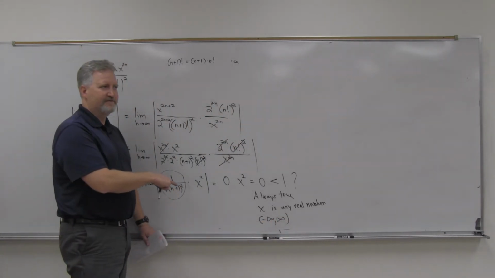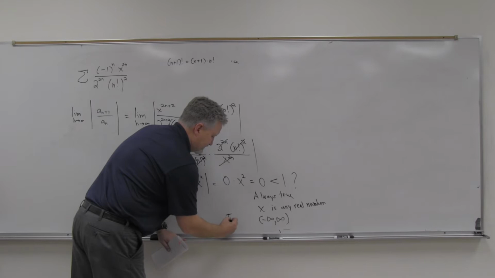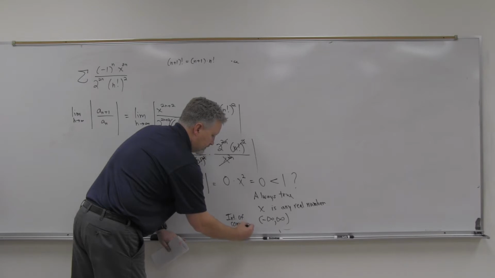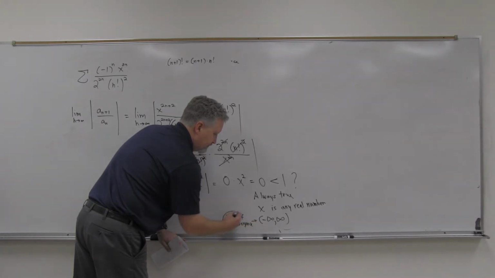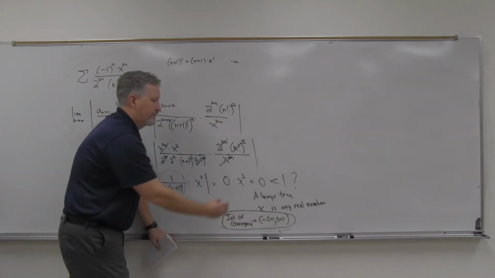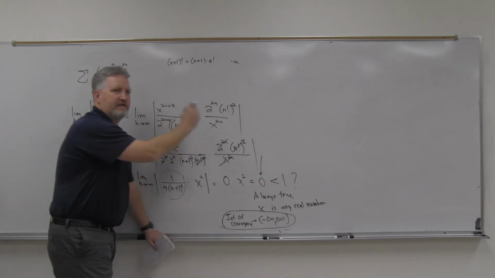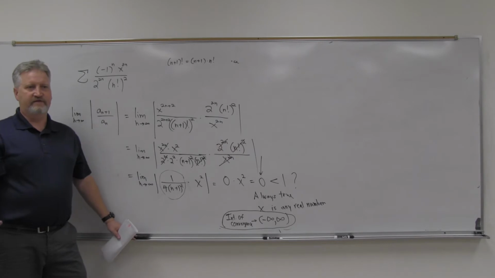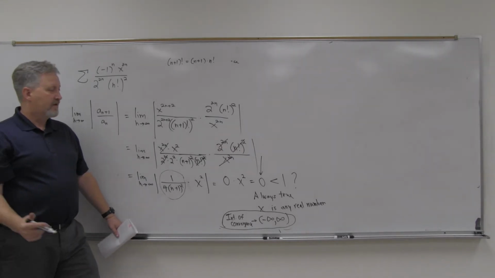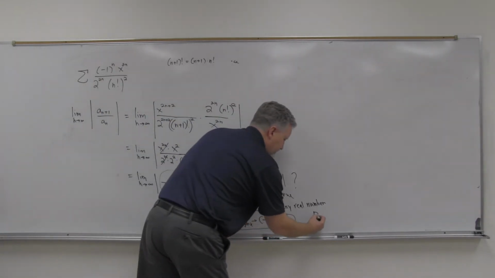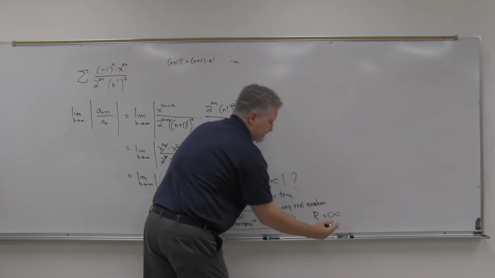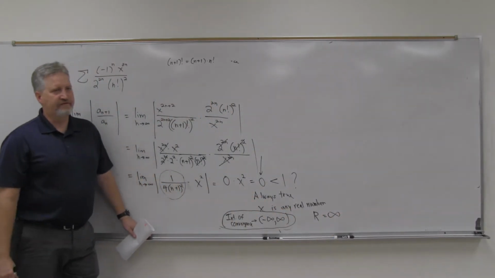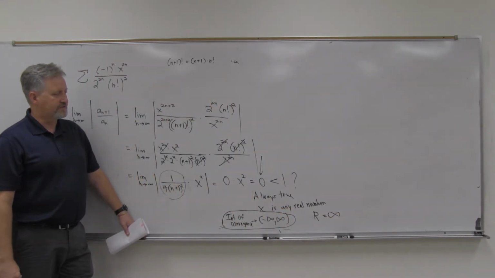That's our interval of convergence. So if our ratio comes out to be 0, the interval of convergence is negative infinity to positive infinity, because it's always true. And the radius of convergence, well, it's infinitely large, so it's an infinitely large radius of convergence as well.